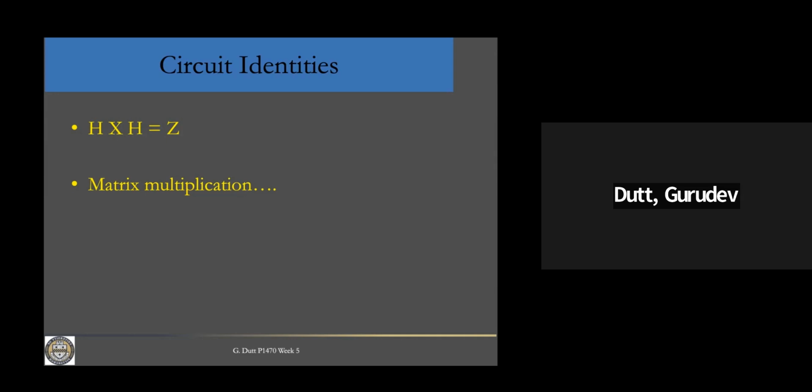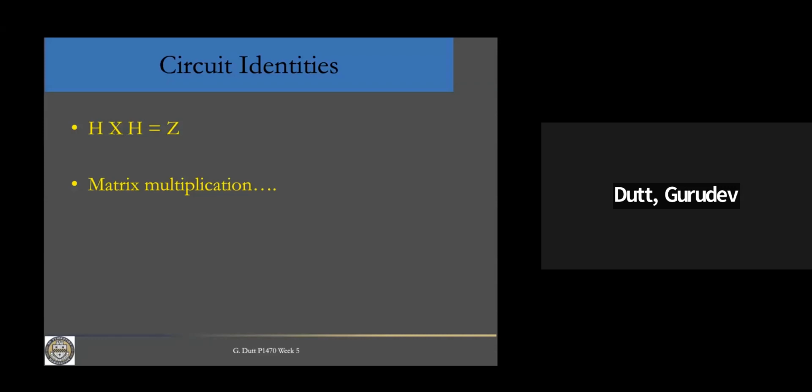Then 1 times -1 is -1, -1 times 1 is -1, that's -2. So cancelling out the factors of 2, you get 1, 0, 0, minus 1, which if you look in your table is the Z gate.